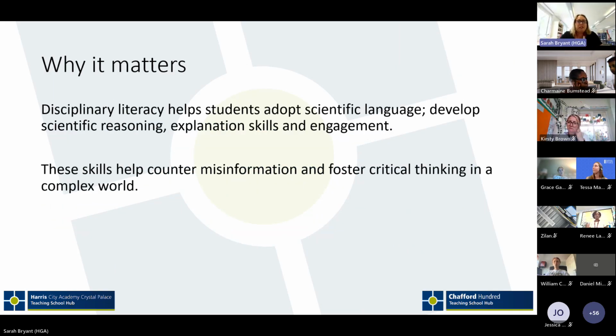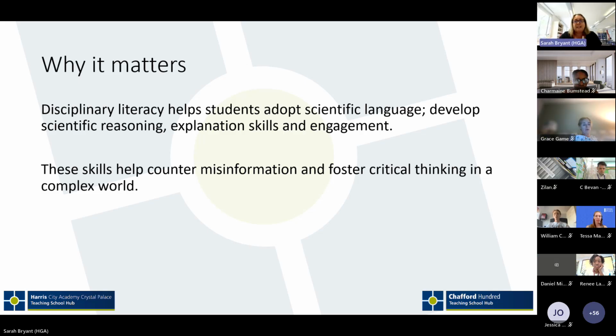So disciplinary literacy helps students adopt scientific language, develop scientific reasoning, explanation skills, and engagement. These skills help counter misinformation and foster critical thinking in a complex world. And we know the world around us is very complex, and some of the information they're gathering can be 100% completely inaccurate.